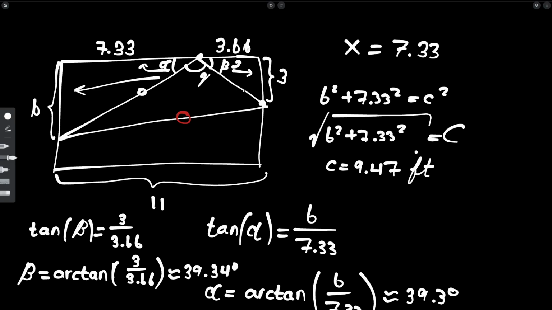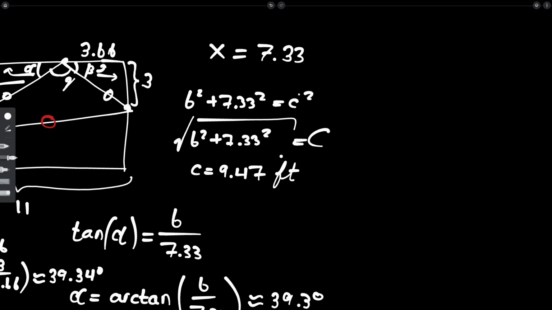I haven't found this side yet. I'll do that now. So we have the square root of 3 squared plus 3.66 squared equals c. I took the square root right away. Putting all that in, 3 squared plus 3.66 squared.